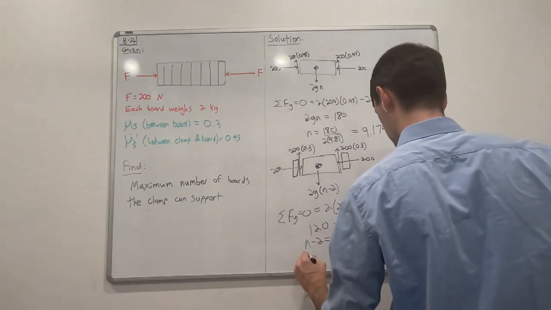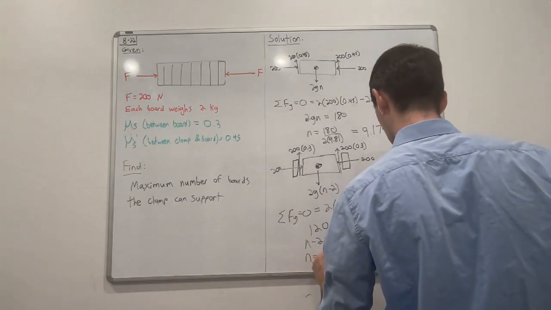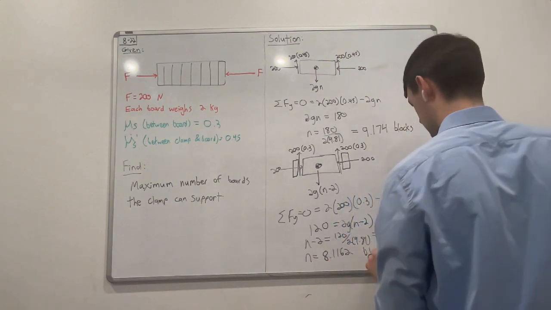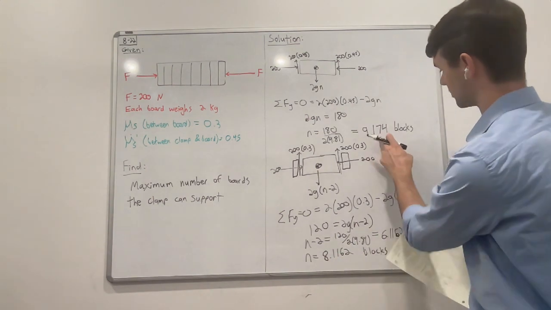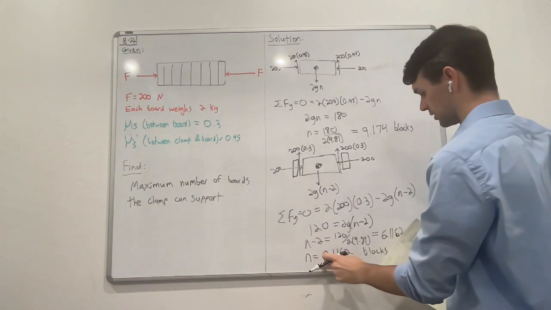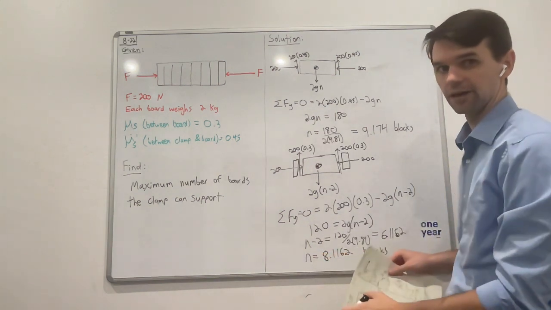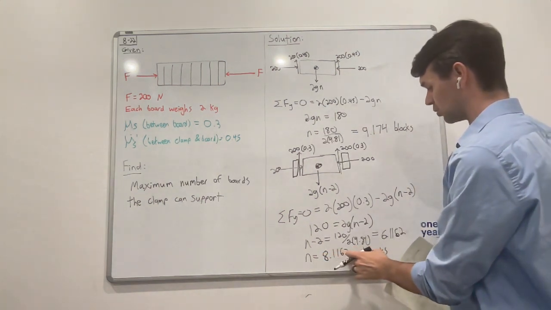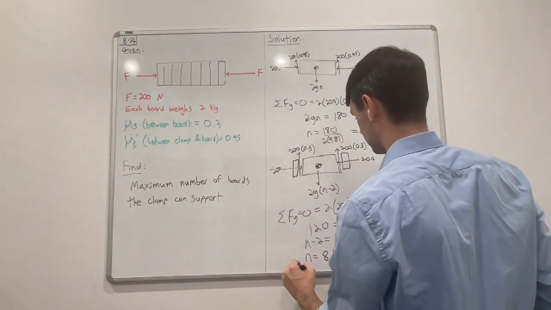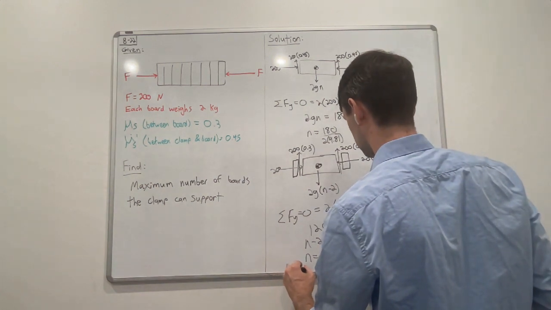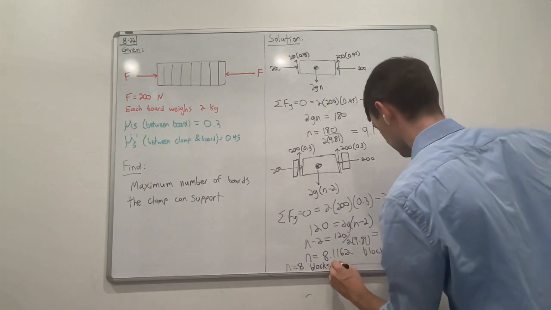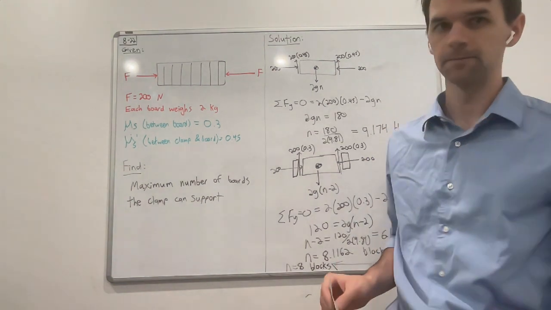Then you move that 2 over, so n equals 8.1162 blocks. Because that is less than the other case, it's definitely going to slip at the contact between the boards first. And you can't have 0.1162 of a block, so the final answer is n equals 8 blocks.